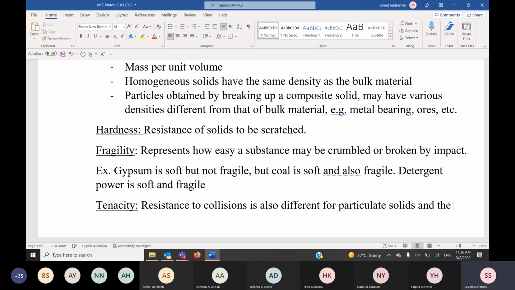The tenacity of the bulk system may not be the same as that of the particles themselves, and this is the resistance to collisions for different particles.